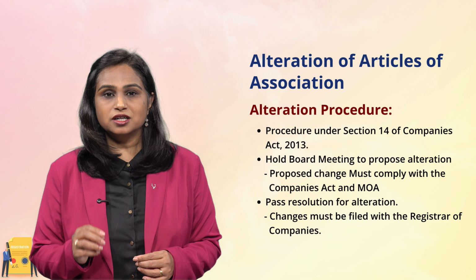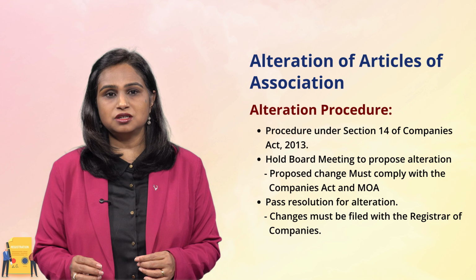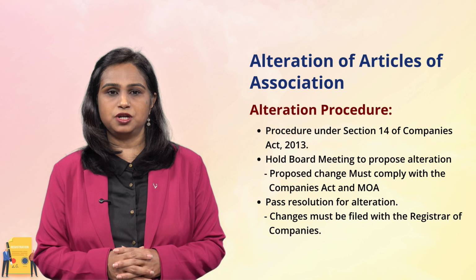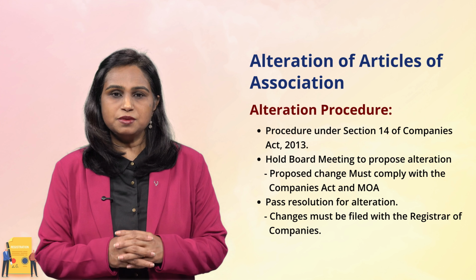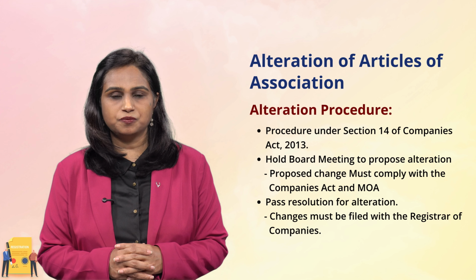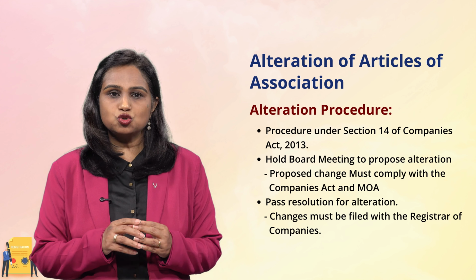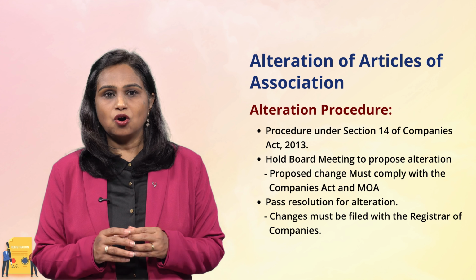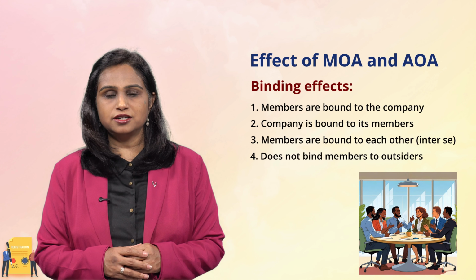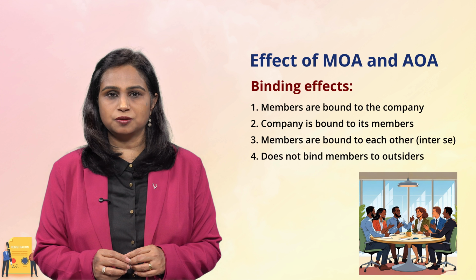The altered article should be in compliance with the Companies Act of 2013 and within the scope of Memorandum of Association for a company. Now, in the meeting, a resolution will be passed for altering the article. Next, a copy of the altered article has to be filed with the registrar of the company to complete the process.